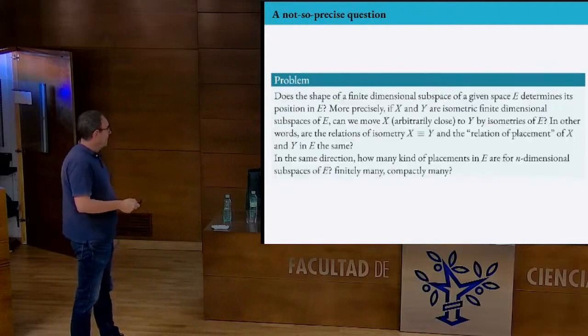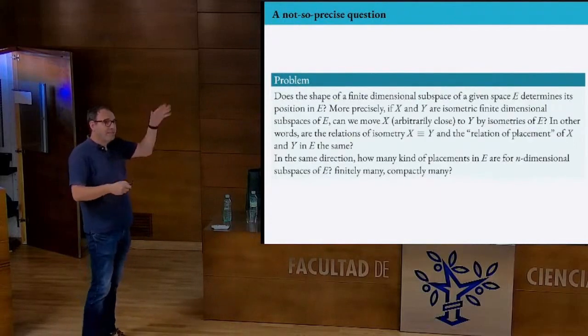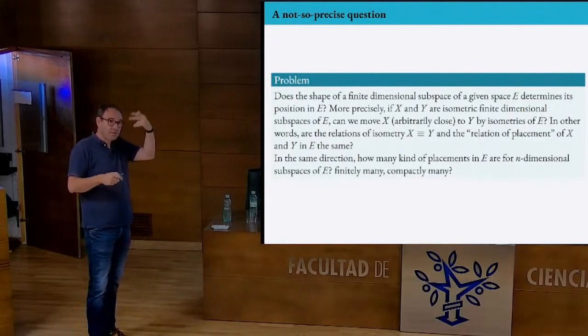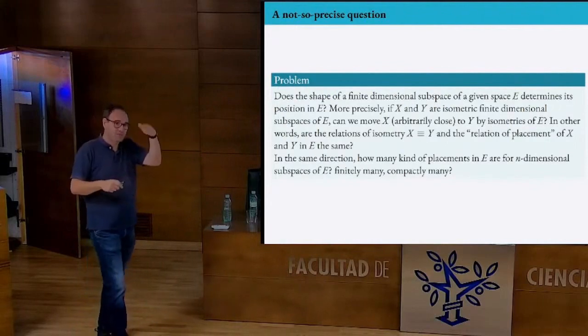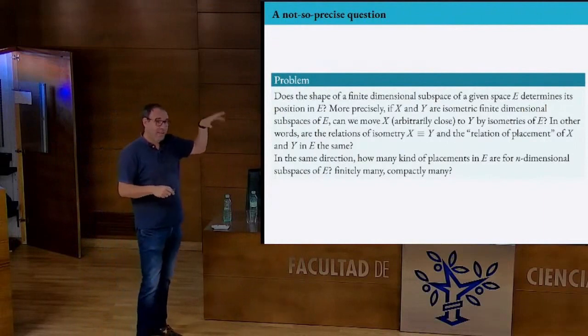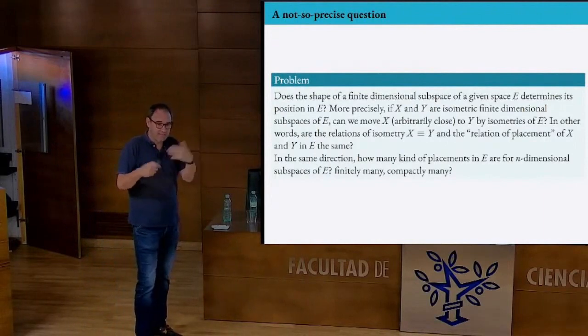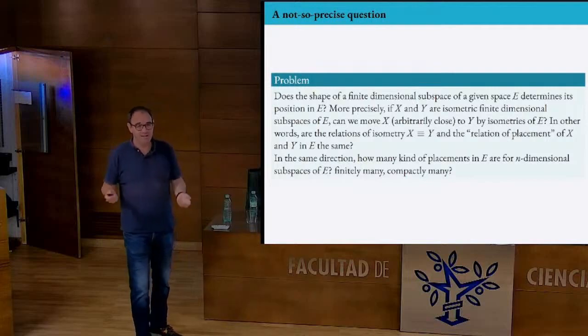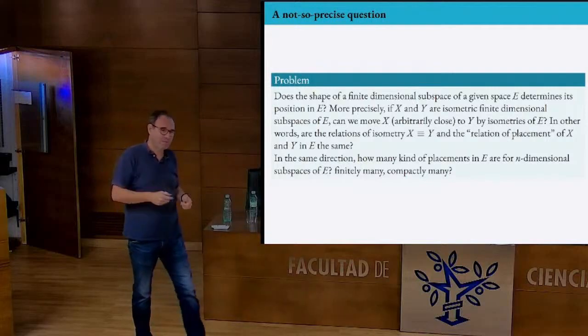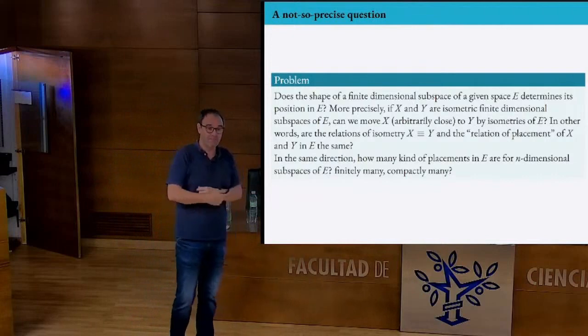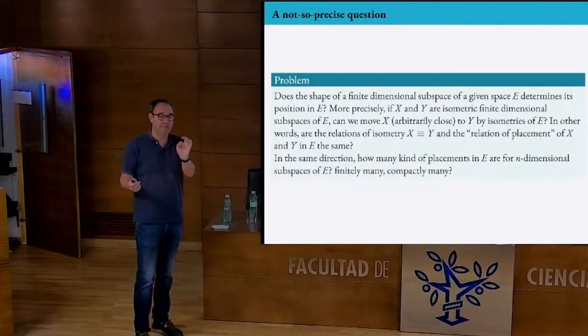Okay, so how many ways? The collection of placements is the quotient of H modulo the isometry group. So is this small? Do you have only one? Unlikely, unless it's Hilbert. In Hilbert space, there is only one, right?